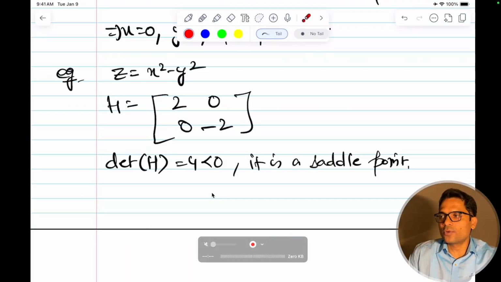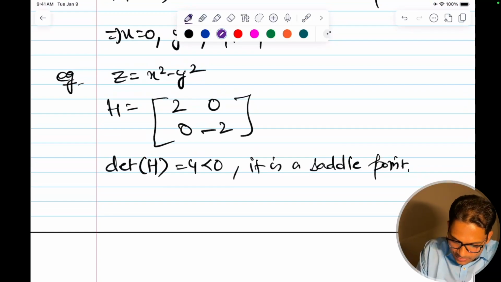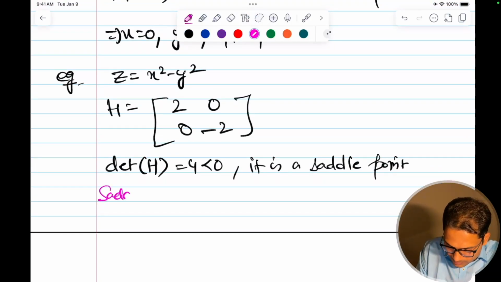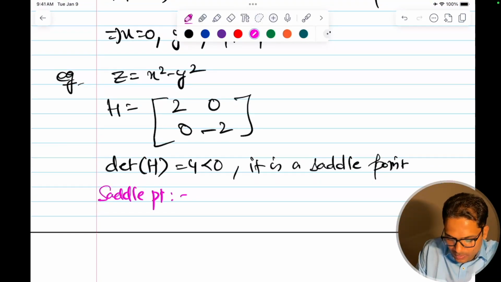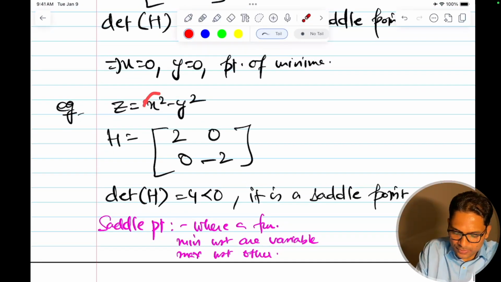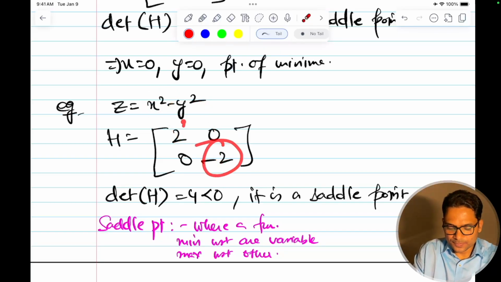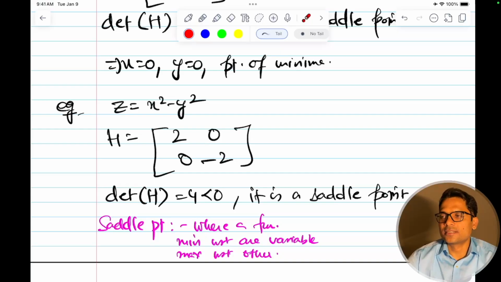A saddle point is the critical point where a function is min with respect to one variable and max with respect to the other. Here, as you saw, for x it is min, and for y it is max, and that's why it is a saddle point.